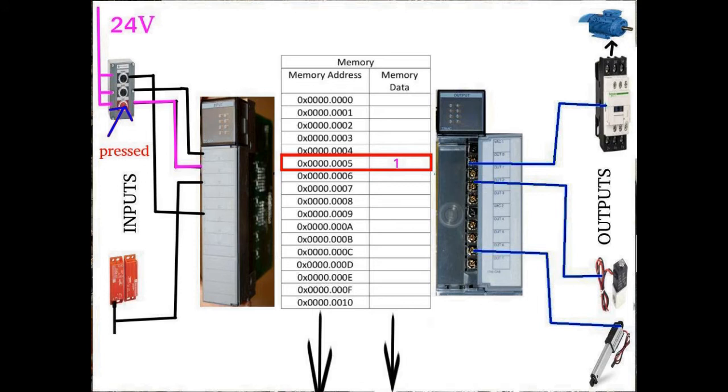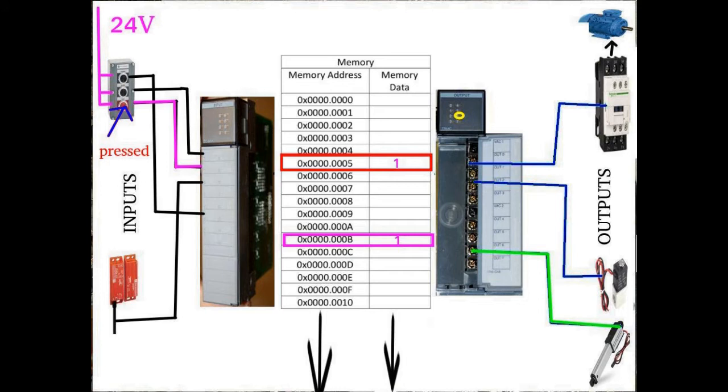The computer periodically checks these addresses and takes actions based on the predefined rules that it has in its program. If we assume that this other address is associated to the actuator, eventually the computer determines that a 1 needs to go there. Once again, that decision will be made based on its logical program.